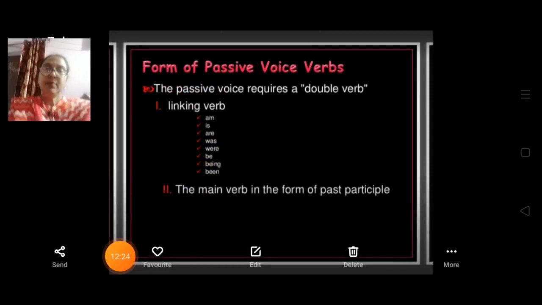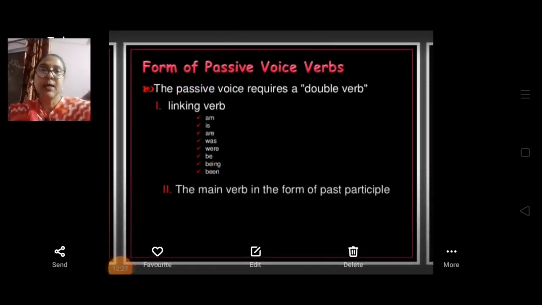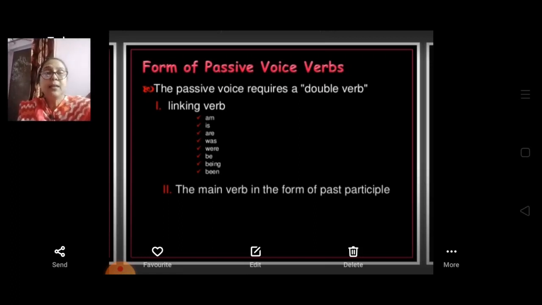Now, one thing that we have already discussed is the form of passive voice verbs. The passive voice requires a double verb. As we have learned, a linking verb, or you can say an auxiliary verb, will be there: am, is, are, was, were, be, being and been.